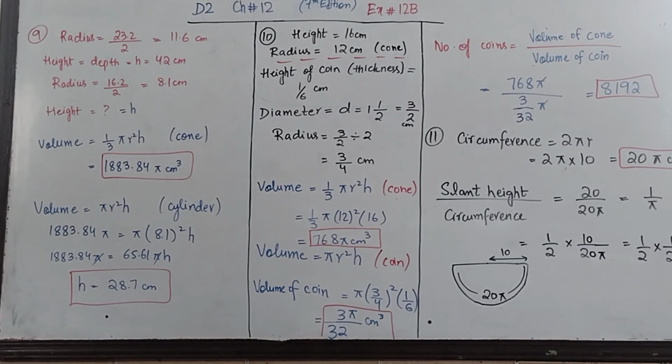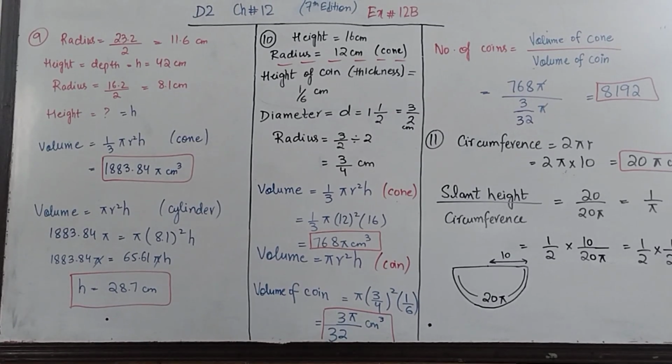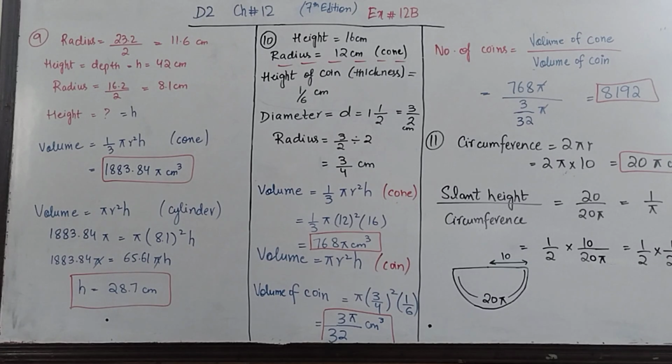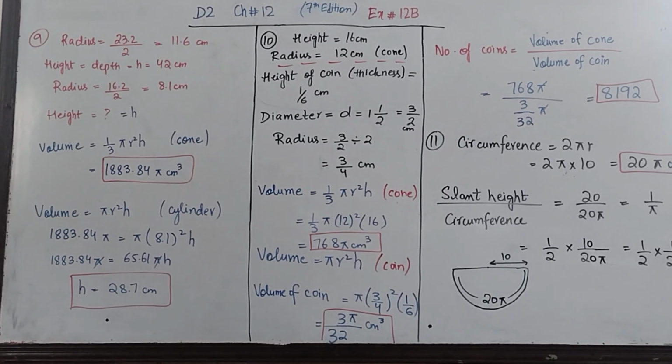When you open the cone, you will see it becomes a semicircle, and for the circle you have to find the circumference. So circumference is equal to 2 pi r, which is the formula for the circle. Radius is 10, given. The circumference becomes 20 pi centimeter.